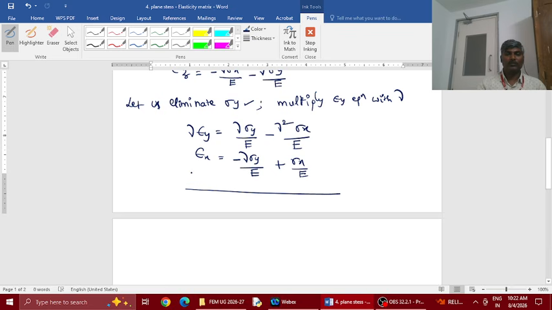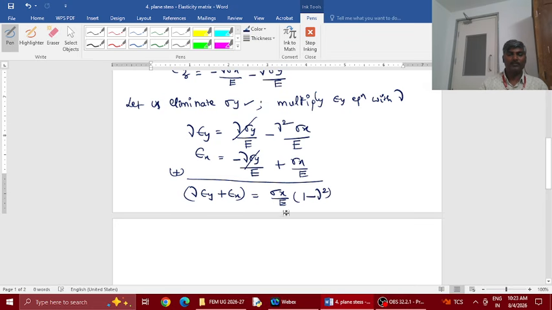On the left hand side, you see nu epsilon y plus epsilon x. On the right hand side, the sigma y term cancels, and if you take sigma x by E common, it is 1 minus nu square.